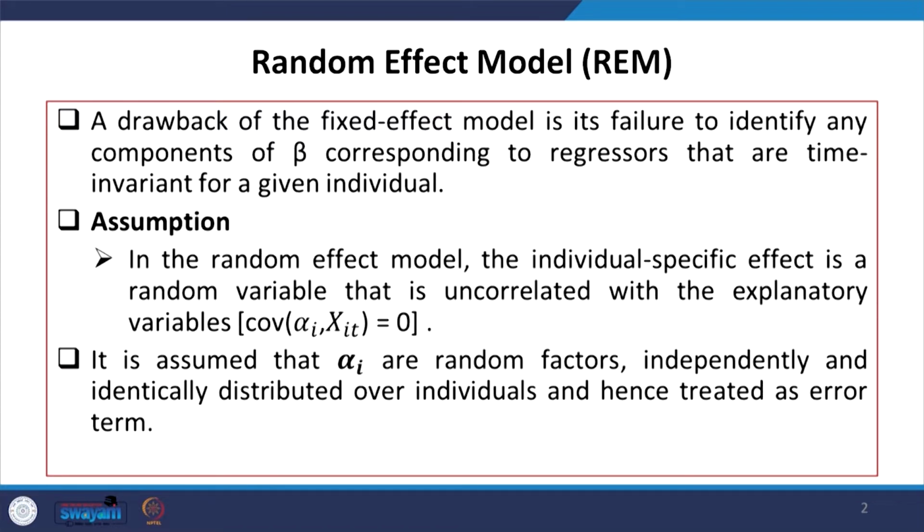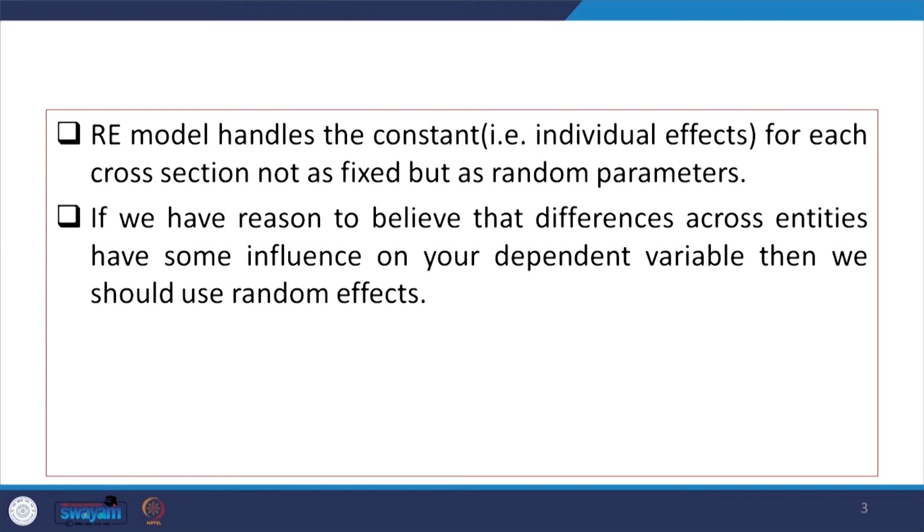It is assumed that alpha i are random factors, independently and identically distributed over individuals, and hence treated as part of the error term of the distribution. So, we will also combine the alpha component into the error term while estimating the random effect model. That is going to be shown in our slide.